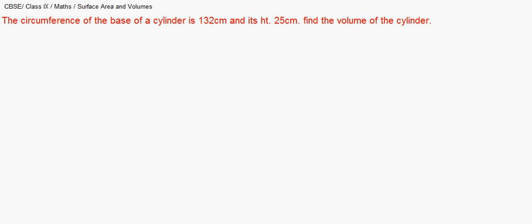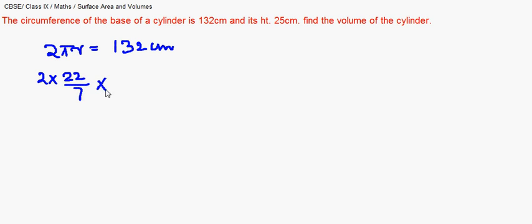The circumference of the base of a cylinder will be given by 2 pi r. So 2 pi r is given as 132 centimeters. Let us substitute and first find the radius. So it becomes 2 into 22 by 7 into r, which is supposed to be calculated.